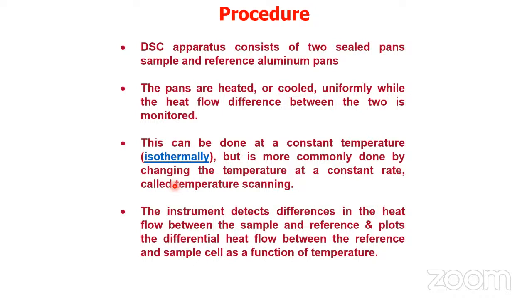The instrument detects differences in the heat flow between the sample and the reference, which is a blank, and plots the differential heat flow between the reference and sample as a function of temperature.